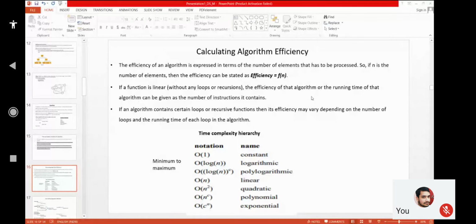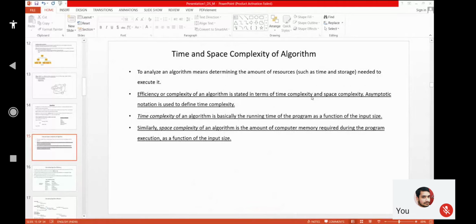Now here for time complexity, our objective is not to determine the exact time. Exact time basically depends not only on the algorithm but also on the hardware. Suppose you have a Pentium 4 machine and you have an i7 or i9 machine, or you have a workstation.